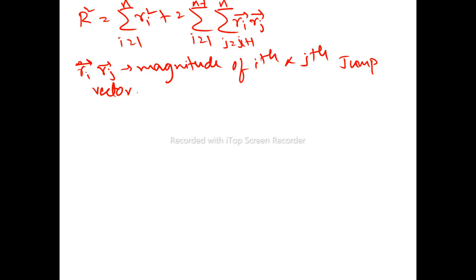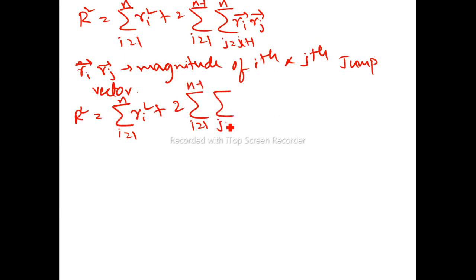So considering the angle of movement, the mean square displacement of the random walk is given as R square equal to summation i equal to 1 to n Ri square plus 2 into summation i equal to 1 to n minus 1, j equal to i plus 1 to n, Ri Rj cos theta ij.